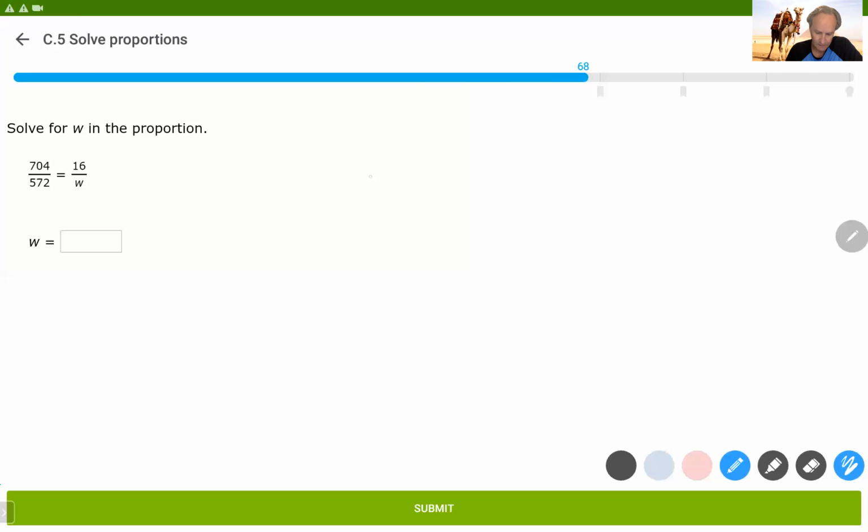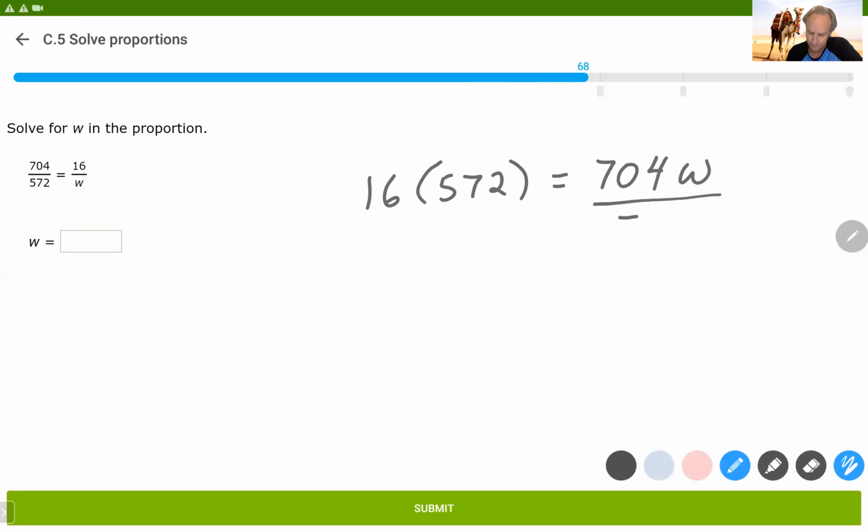I've got 16 times 572 equals 704W. And 4 goes into 704. And 4 definitely goes into 16.